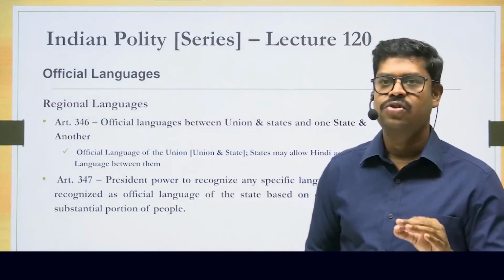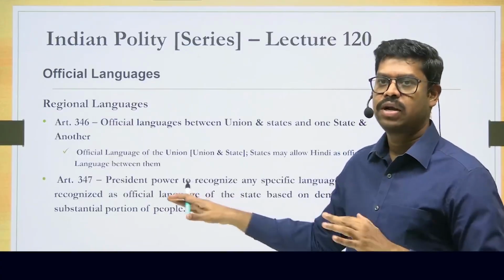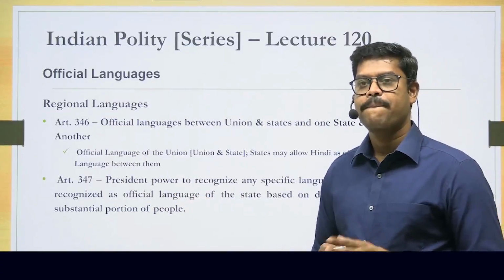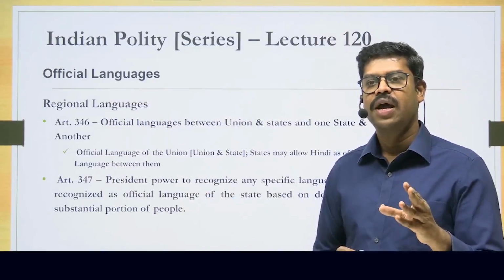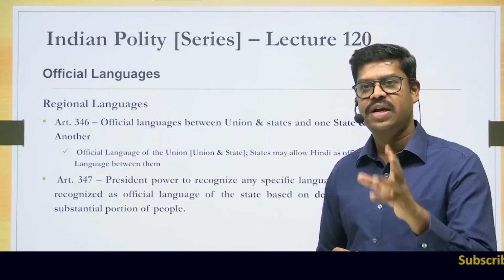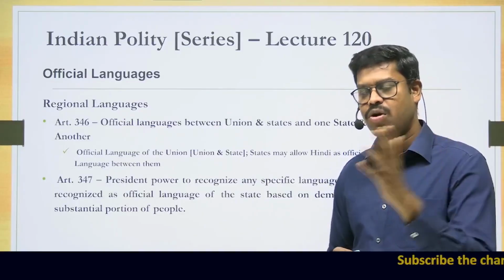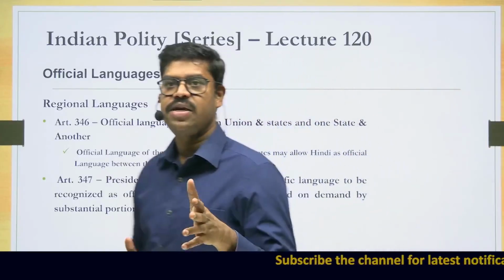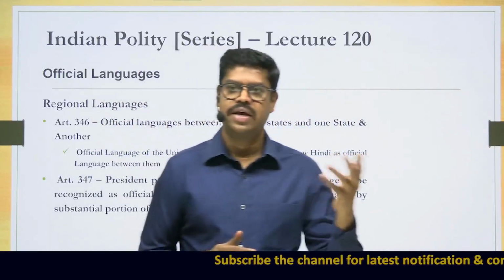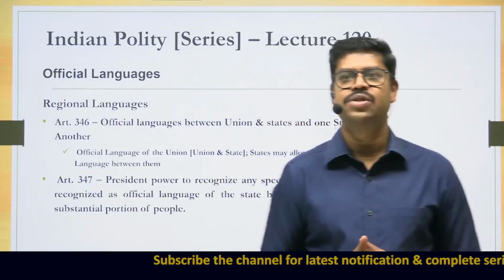However, it is also interesting to look into Article 347 of the Constitution. Article 347 says, in addition to the official languages which are to be decided by the law passed by the concerned state legislature, the state legislature can make a law and by that law they can decide the official languages. That's very clear.